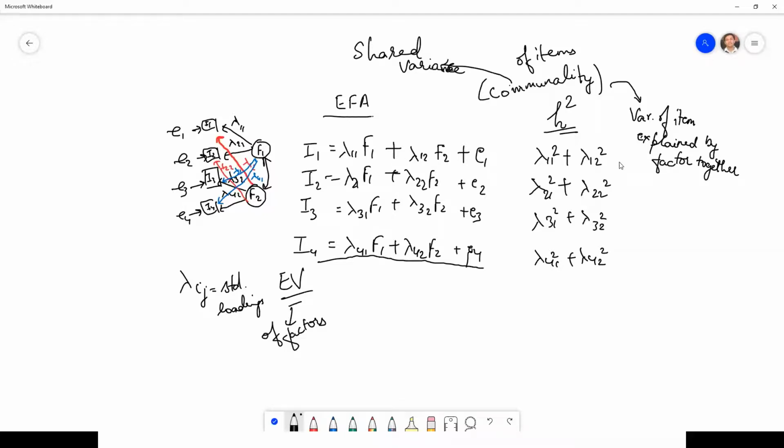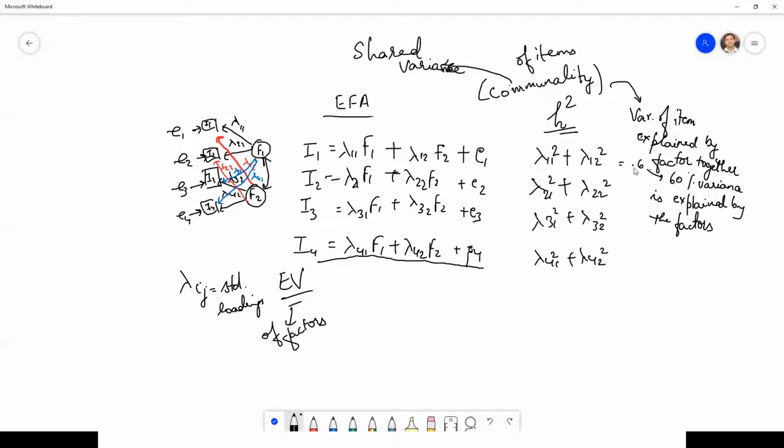If you get a communality of, let's say, 0.6, what is the interpretation? That means 60% of the variance in item 1 is explained by the factors.